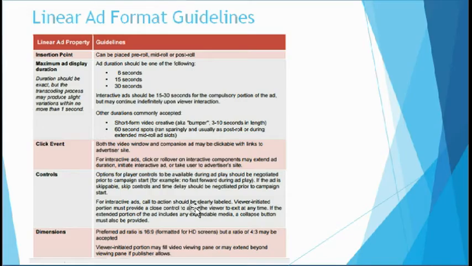If he wants the user to be able to skip the ad, he should be provided with the skip control. Then whether the ad is clickable, expandable, or should be collapsed. All the functions should be there in the video ad.